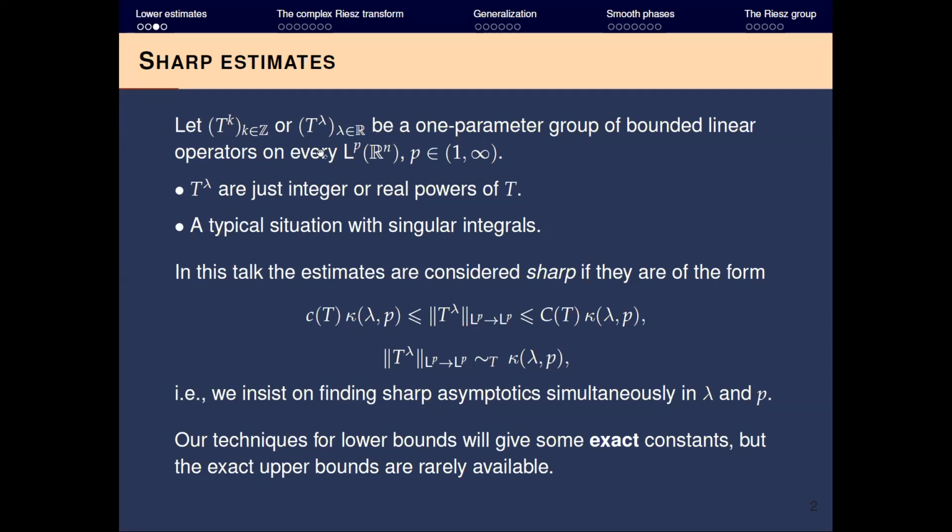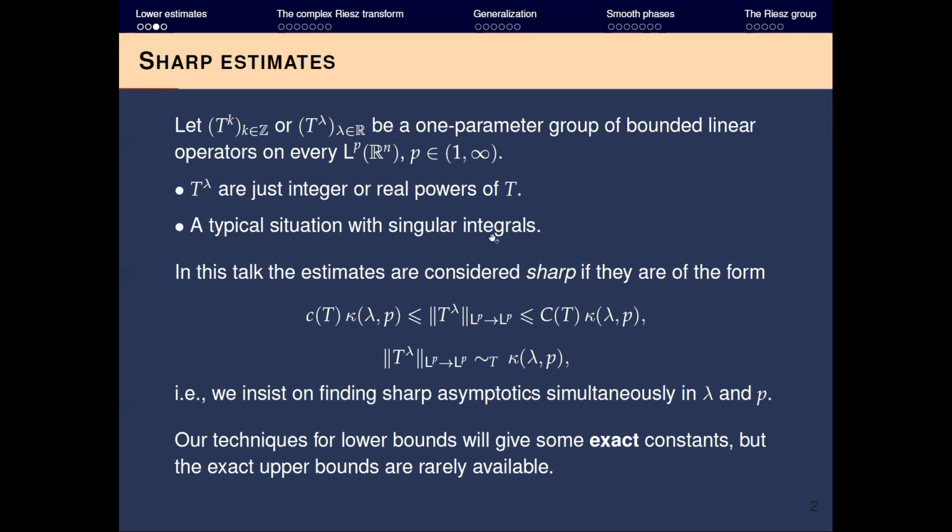It might not be automatic that real powers make sense too, that you can apply that kind of functional calculus to your operator, but in many instances, you can. So this lambda is either an integer or a real number, and you start raising your operator to those powers. And then you might start wondering about some sharp asymptotics of operator norms.